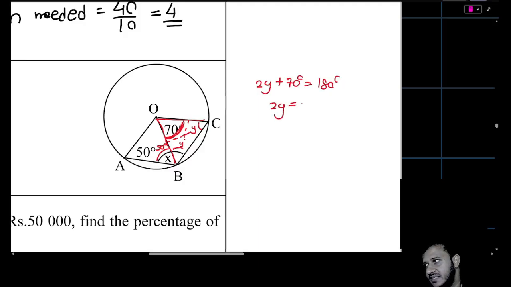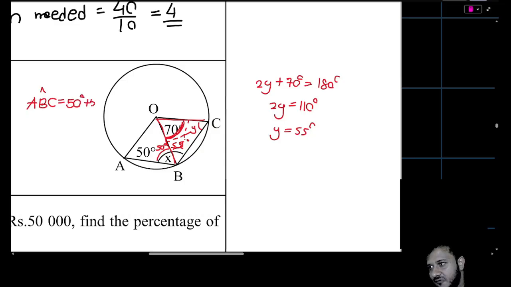That means 2y's are equal to 110. That means 1y is equal to 55 degrees. Then ABC angle, which is x angle, is equal to 50 degrees plus 55 degrees. That's 105 degrees.